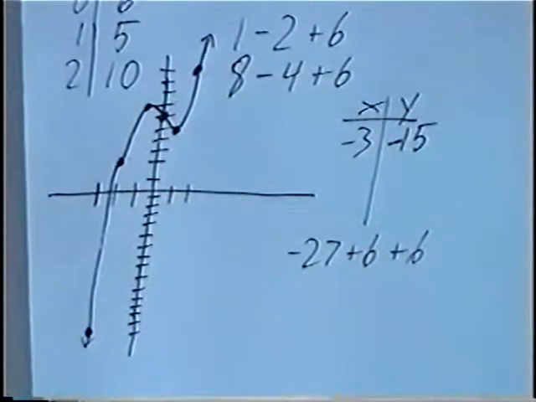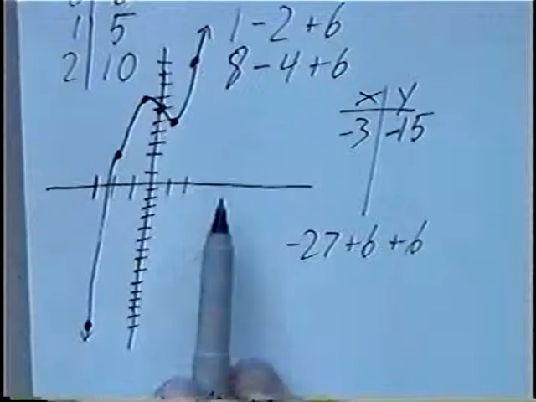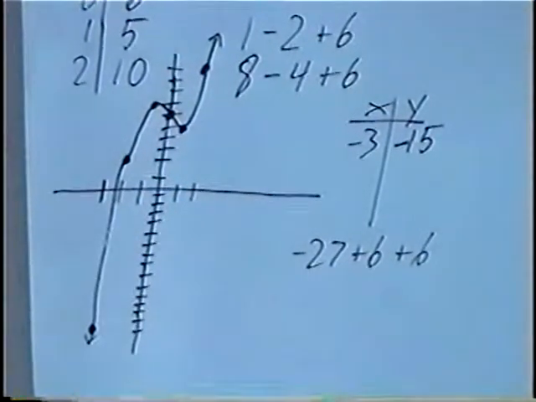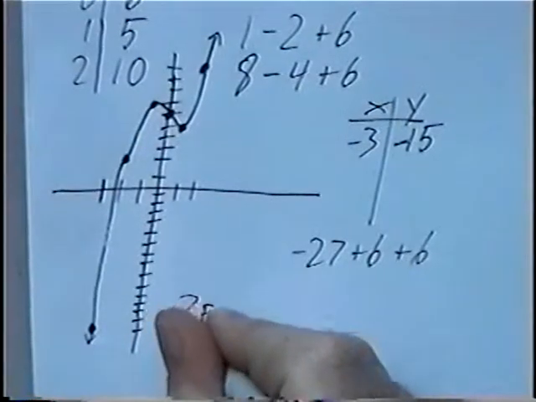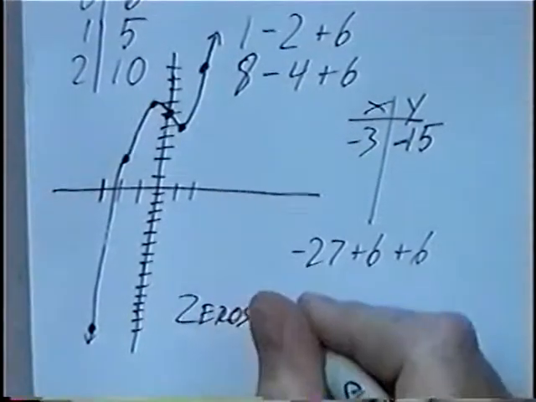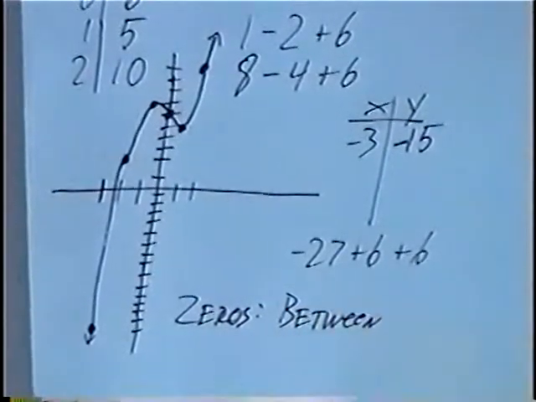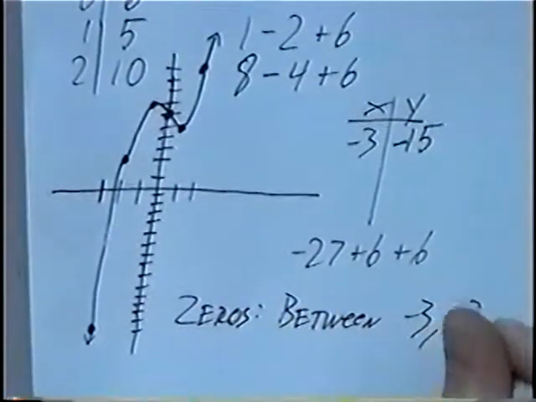Since we know this is an odd positive graph again, the graph will continue to drop to the left-hand side. To find the zeros for this graph, looking at the x-axis, the zero will cross between -2 and -3. So our zeros, since we don't have an exact value, we can put between -3 and -2.